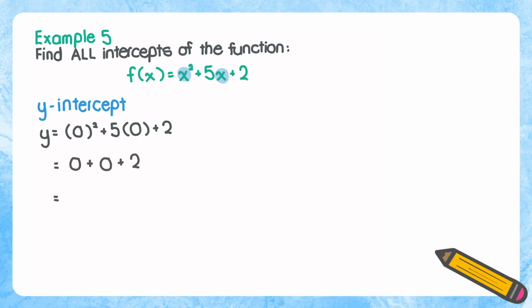We're left with y equals 2. So our y-intercept is at the point 0, comma 2. We set x equal to 0 and found y.